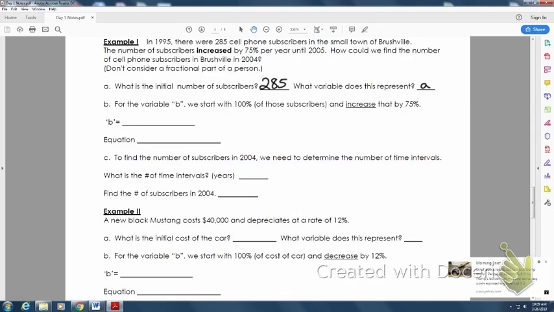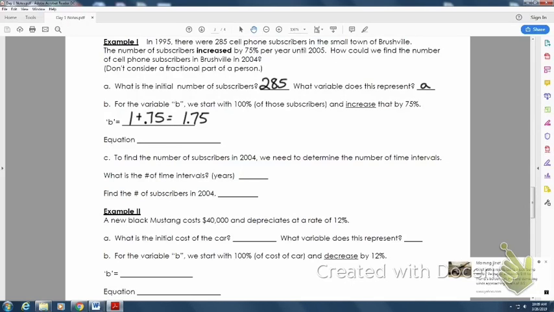On this one, for the variable B, we start off with 100% of those initial subscribers, and we're going to increase it by 75%. So the 1 represents the 100% of the subscribers initially. But we're going to increase that by 75% as a decimal to get 1.75.